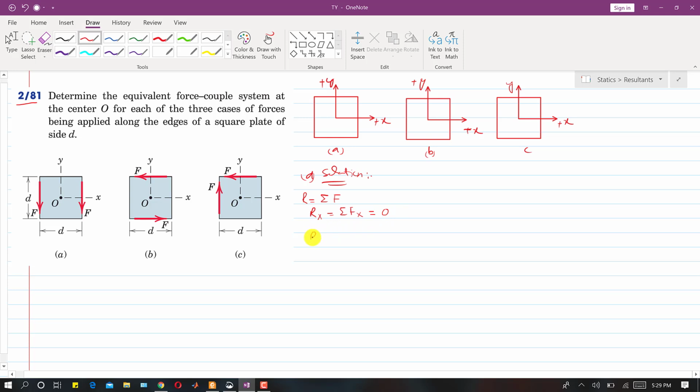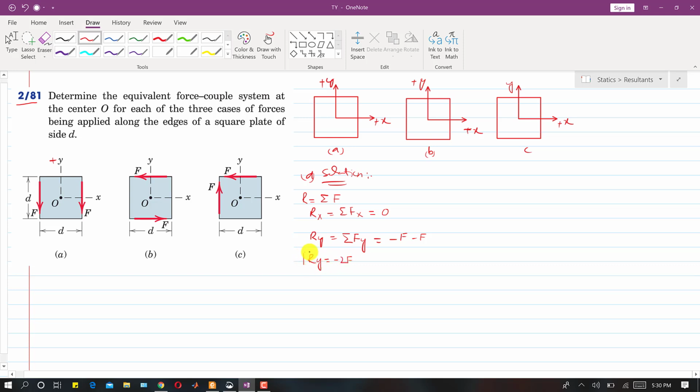And similarly, Ry will be equal to the summation of all the components along Y. Here, as we can see, this is the positive Y direction, so both of these forces are in the negative Y direction. So we will write minus F, and we will get Ry equal to minus 2F.